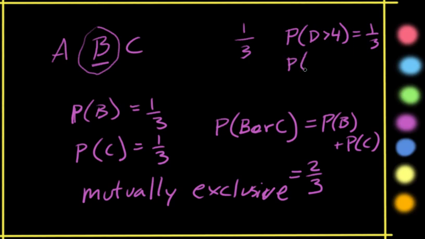And then you could also say the probability of the die roll being even would be 1/2 because half of the numbers on a regular 6-sided die are even. But these are not mutually exclusive. You can have both of these at the same time. If you get a 6, it's greater than 4 and it's even. So if someone was to ask you what's the probability that when you roll a die it'll be greater than 4 or it will be even, you can't just add these 2 probabilities because these 2 events are not mutually exclusive. So hopefully that makes some sense.